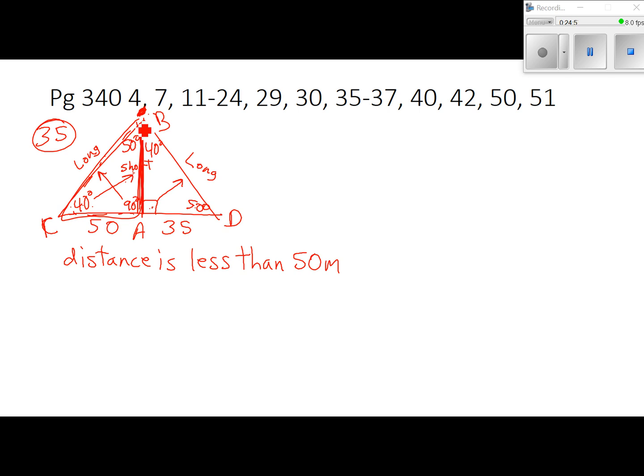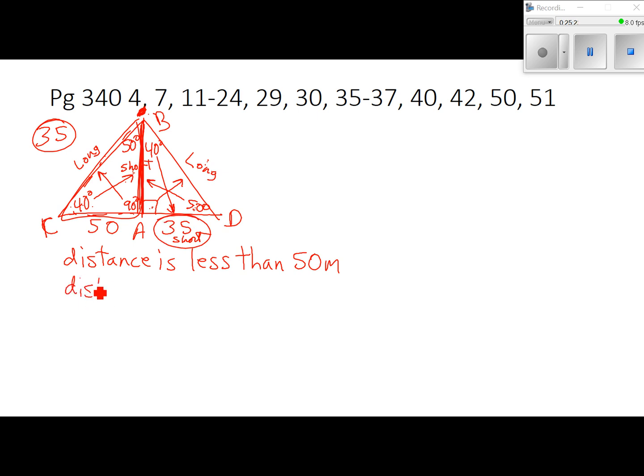Then if we look at the other triangle, we know that this one down here has to be the shortest side, and that one over there has to be the longest side. Well, this has to be the side that's in the middle of them. So if it's in the middle between this side and this side, it has to be longer than 35.